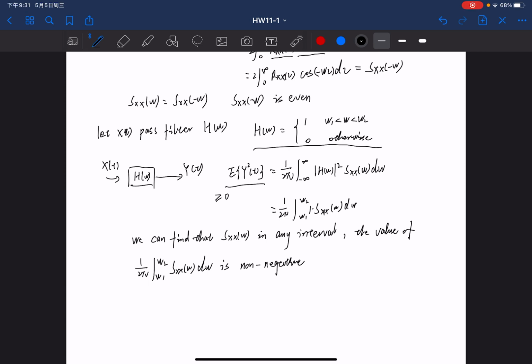This is because the expectation of y(t) to the power of 2 is larger than or equal to 0, so this part is non-negative. And because it should be satisfied in any interval, S_xx(omega) is larger than or equal to 0 everywhere. And this is the first question.